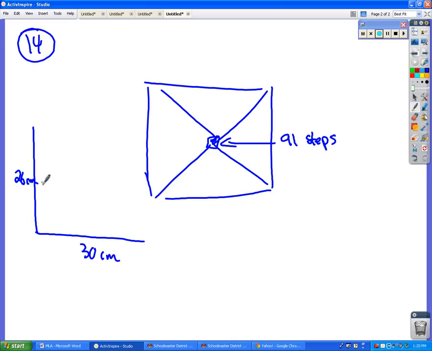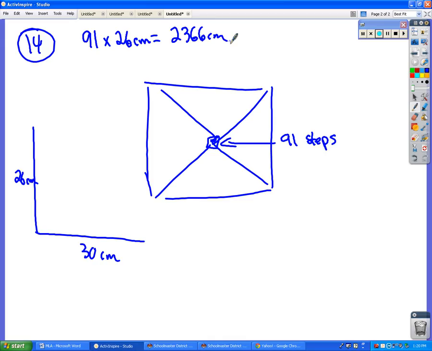So how would I figure out how high up total I go? Don't you just multiply it by 91? Because there's 91 steps and each is 26 centimeters high. Is this a trick question somehow? Oh, the angle we have to figure out. Okay, so 91 times 26 centimeters is how many centimeters altogether? Okay, so you would end up going up 2,366 centimeters to get to the top.